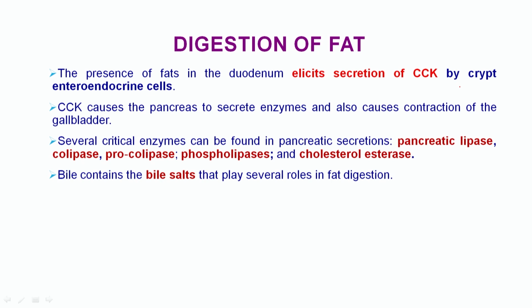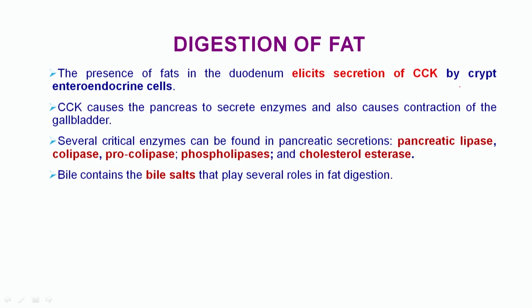So once this fat enters the duodenum, it will elicit the production of CCK, and this CCK will go via blood to the pancreas, and the pancreatic acinar cells will produce the enzymes for the digestion of fat.